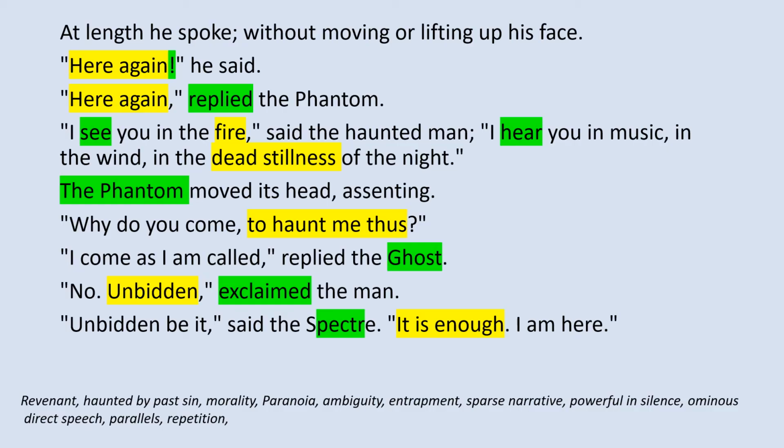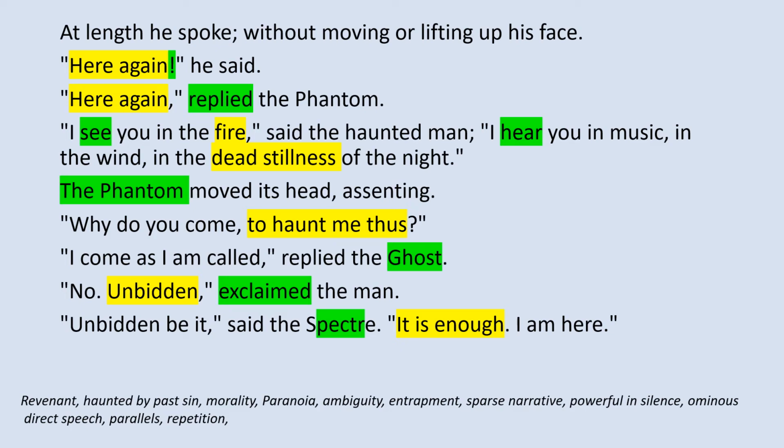Why do you haunt us thus? Again, the description is now the name given is the ghost or the spectre, the phantom. Again, something supernatural. But the power resides in the supernatural being who doesn't seem to explain itself.